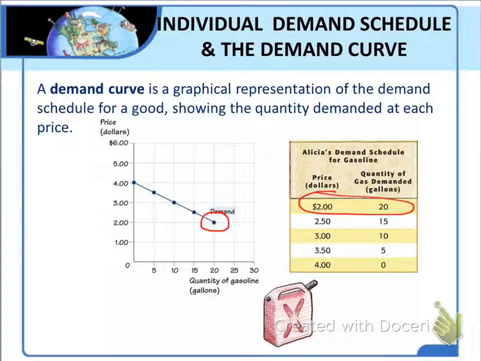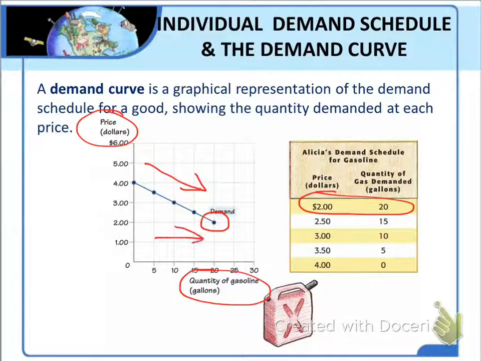The price of $2 is measured on the vertical axis, and the quantity of 20 gallons is measured on the horizontal axis, also called the x-axis. As you can see from the graph, Alicia's demand curve slopes downward and to the right, which means that the lower the price, the more gasoline she buys.